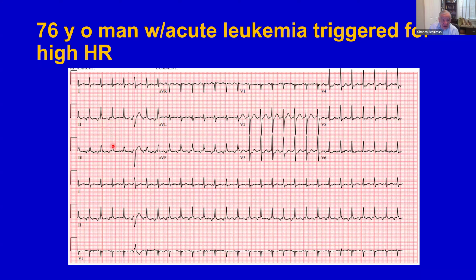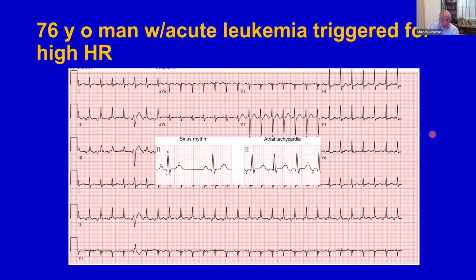But here you see it with a long RP interval. And so this is an atrial tachycardia with a long RP interval and a negative P wave because the atrium is being activated retrogradely from the source of this atrial tachycardia.